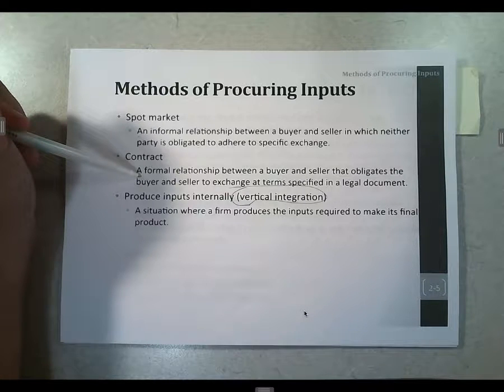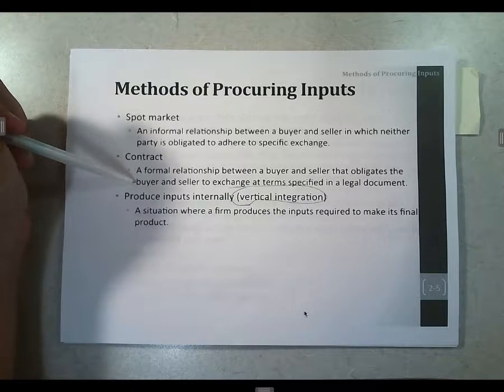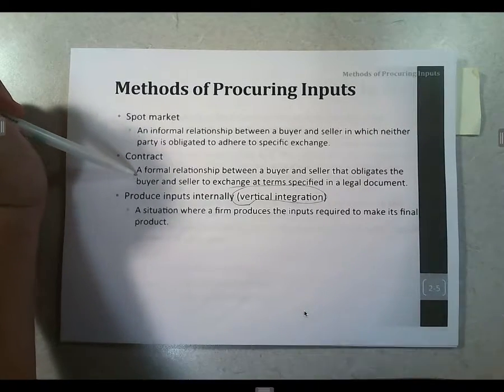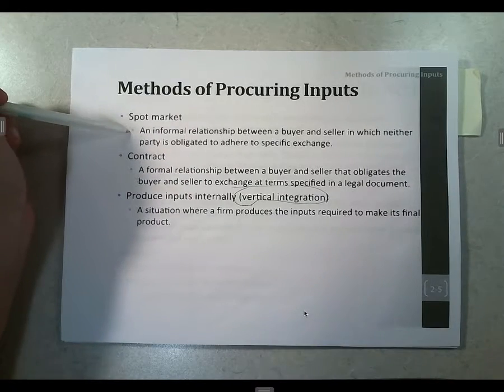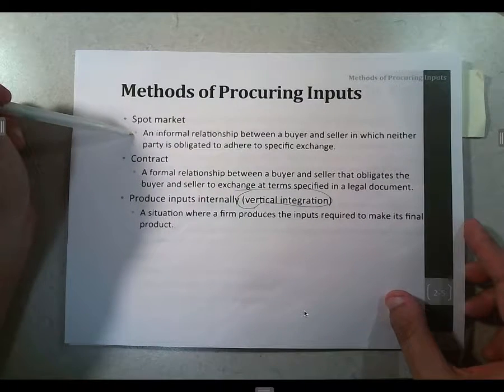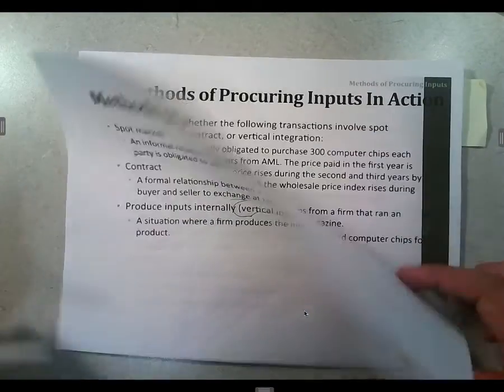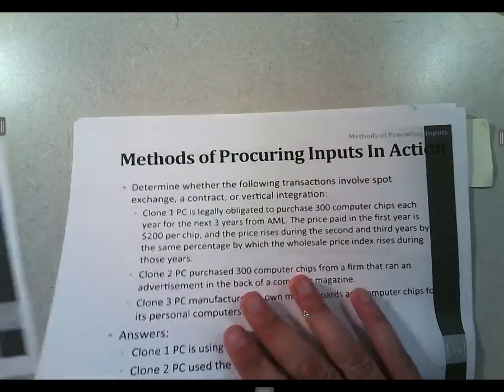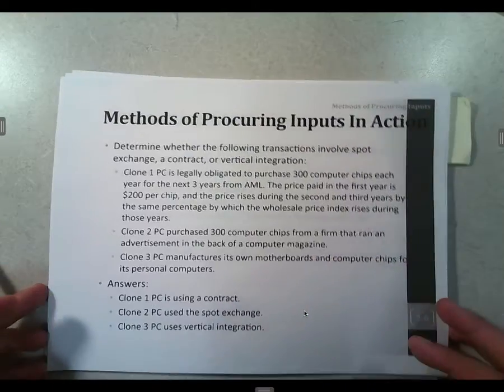The buyer and the seller know each other very well. They've jointly signed this legal document. They've done, presumably, their due diligence. In the spot market, it's kind of like a Craigslist, not necessarily just Craigslist, but it's a bit more anonymous. It's a bit more on the spot. Hence the term spot market.